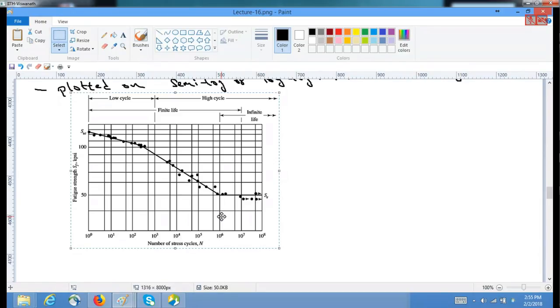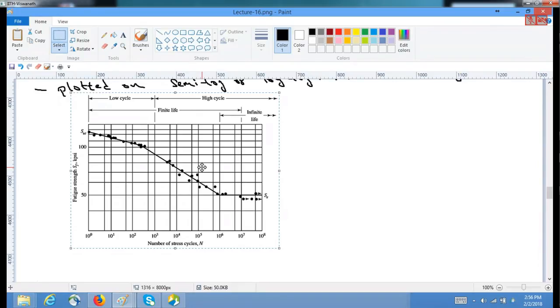Generally, for design purposes, we take 10 power 6 as the life, or an infinite life, of the material. Further, if it fails in less than 10 power 3 cycles for any given component, it is called low cycle, and if the life is more than 10 power 3, it is called high cycle.